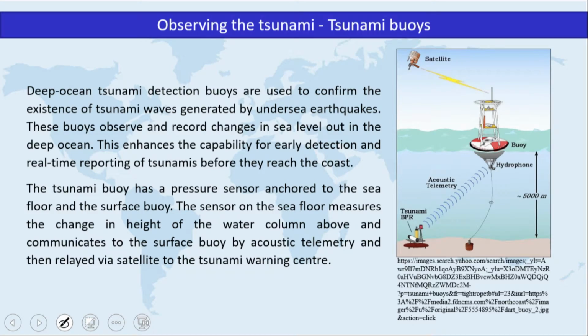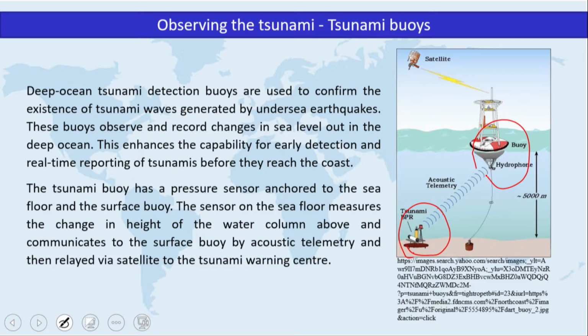To observe the tsunamis, there are modern instruments called tsunami buoys, which are positioned in the ocean, which consist of a tsunami bottom pressure recorder, which is fixed on the ocean floor, that records the changes in the water column as the tsunami wave moves above that, and then that communicates using acoustic telemetry with the surface buoy, and the surface buoy has a satellite communication system.